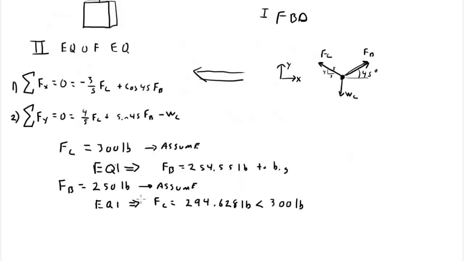So we're okay. FB actually equals 250, and FC equals 294.628. Once we have that information, we can solve equation 2 for WC. And if we do that, we'll see that WC equals 412 pounds.